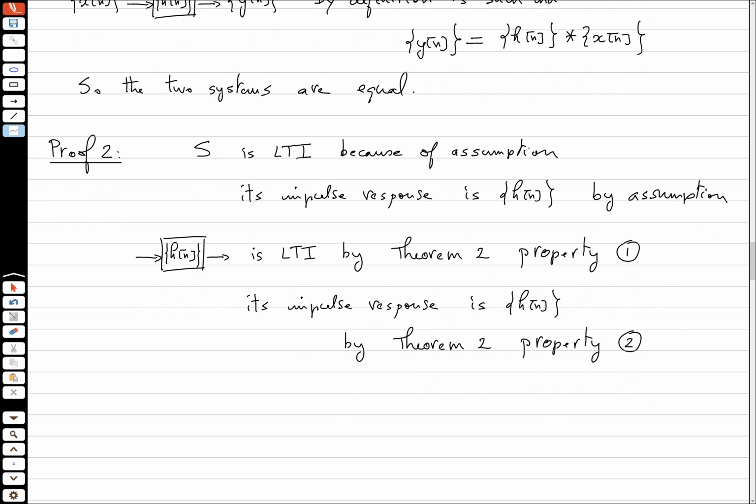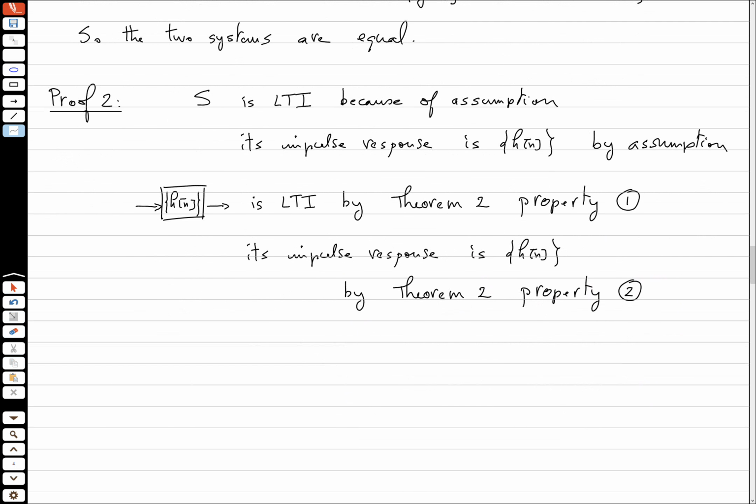What did we say about two LTI systems that have the same impulse response? So they are then equal because they are both LTI systems with the same impulse response.